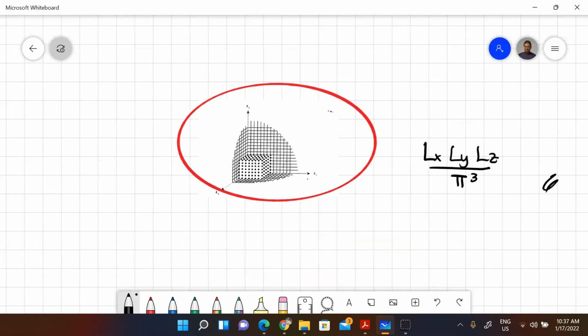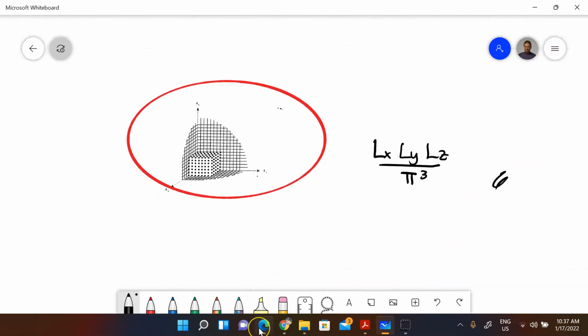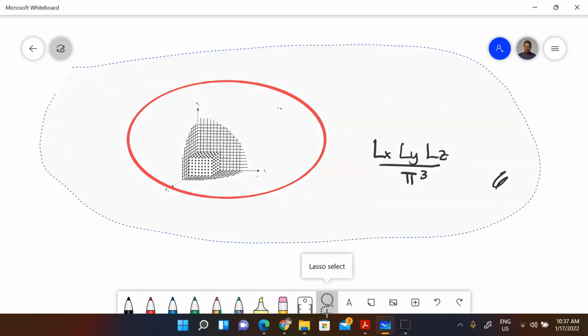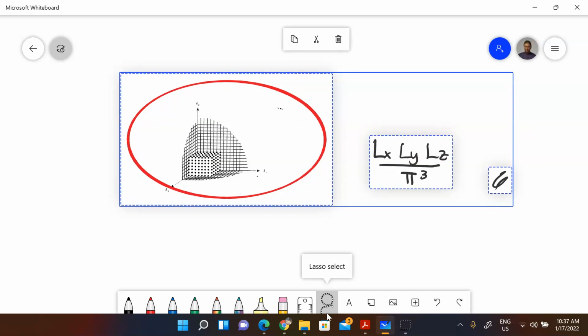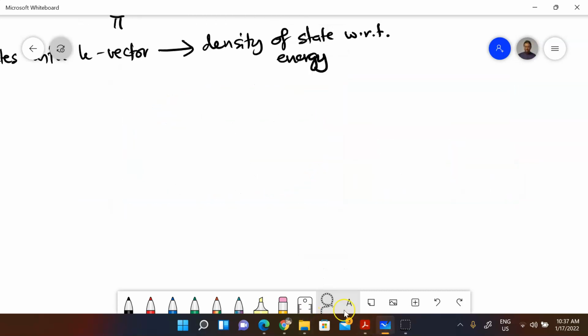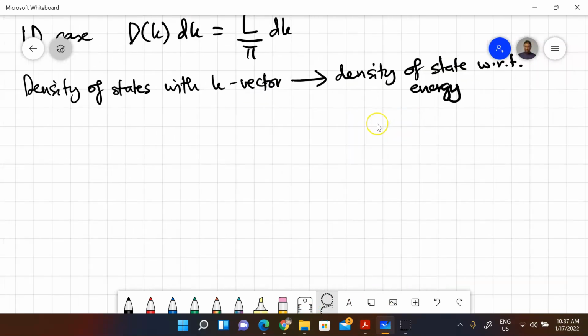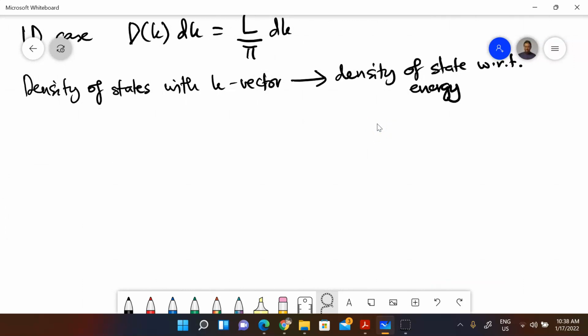Again, I have all this thing I want to erase. Then I'm just going to write the results. So the density of states will be with the range of epsilon to epsilon plus d epsilon.